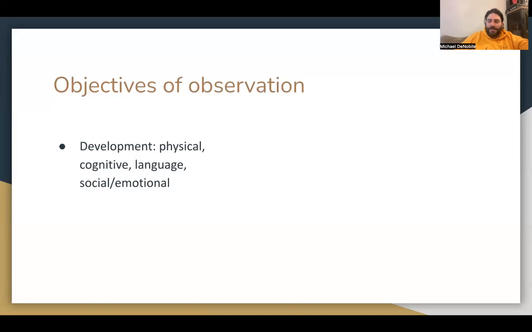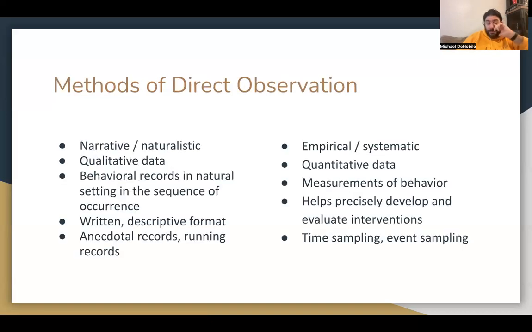They allow us to see development in the setting as it's happening, and you have to make a decision on what you're going to do based off of that evidence. Now, that's an oversimplification because we're going to be looking into different methods now of direct observation, because some observations can be more in depth.